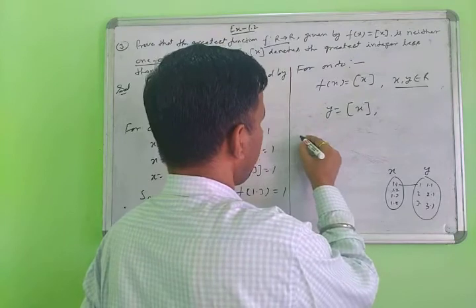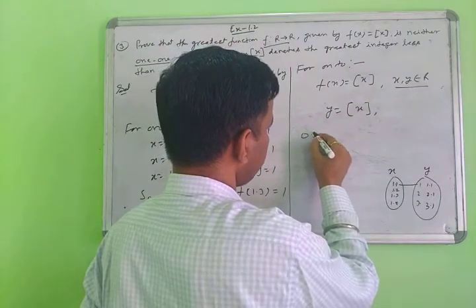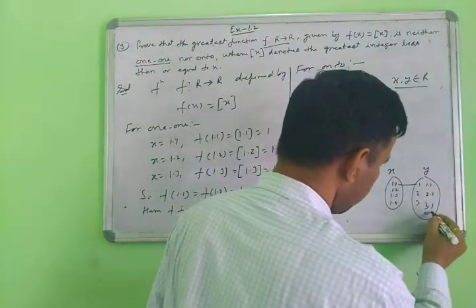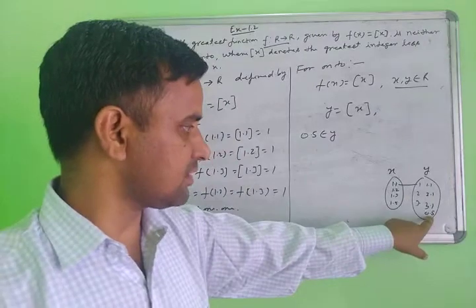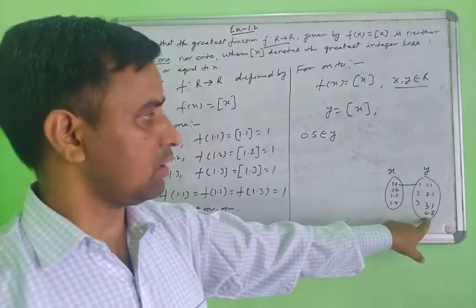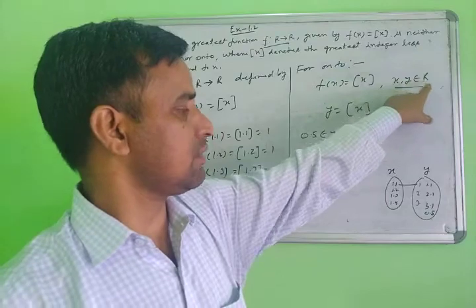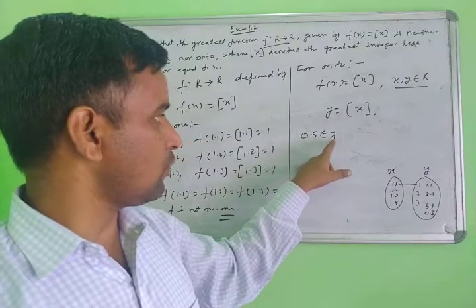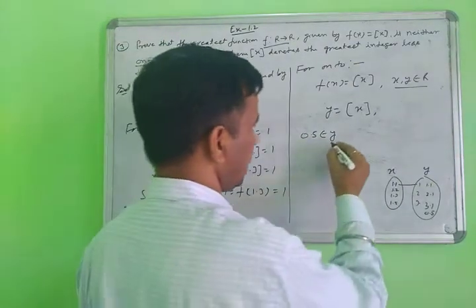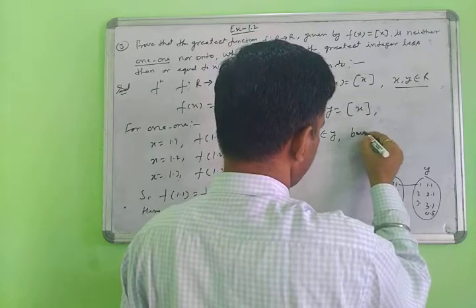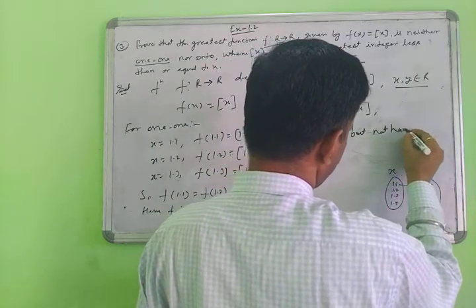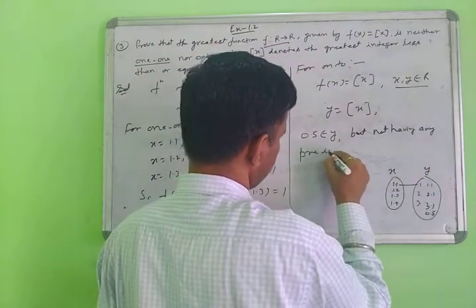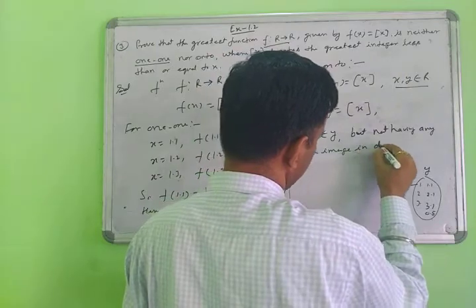Suppose you have 0.5, which belongs to y. 0.5 is also an element of this codomain, because y is the real number set, which includes zero, negative and positive numbers. 0.5 belongs to y, but does not have any pre-image in the domain.